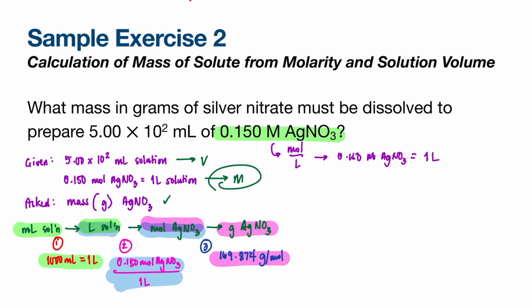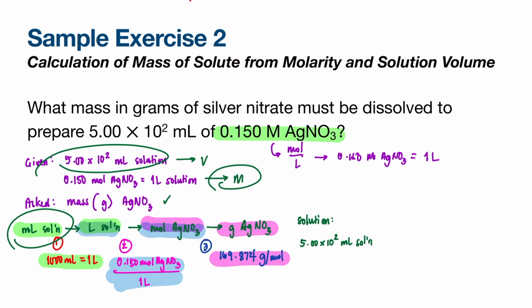169.874 grams per mole. And we are now ready to solve the problem starting from the mL of solution, which is given here. We will write our solution in a single line process, starting with 5.00 times 10 raised to 2 mL of solution multiplied by the conversion factor 1000 mL to 1 liter.